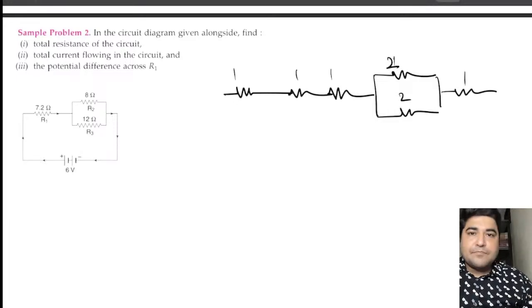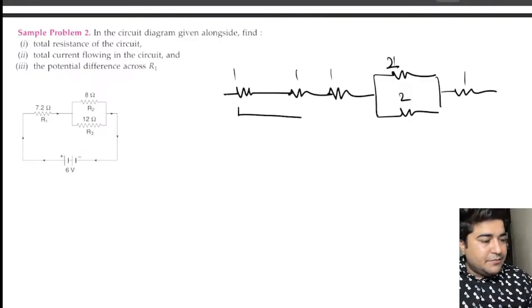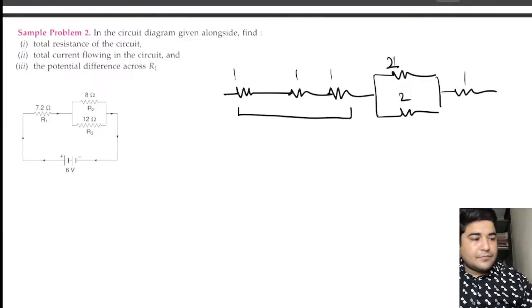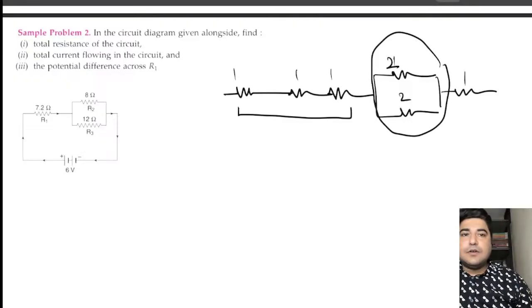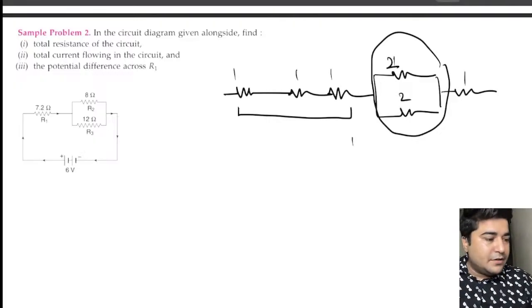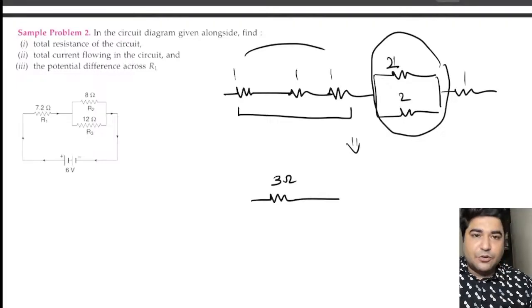Initially, we can solve these three values and this value we can solve. After that, once we have these values, we can carry forward. These three are in series, so 1 plus 1 plus 1, that is 3 ohm. So the equivalent would be 3 ohms.